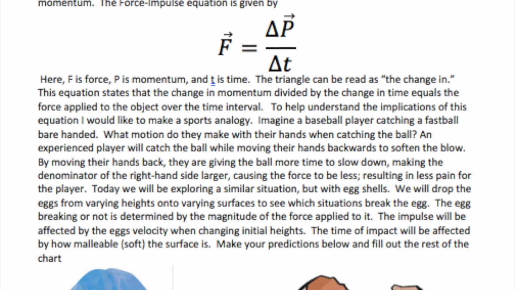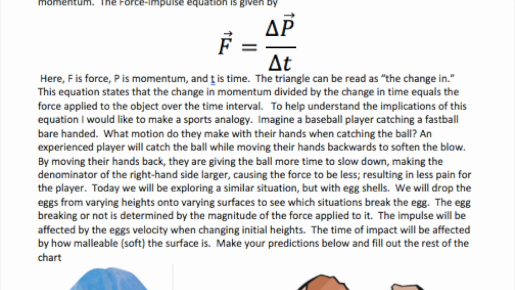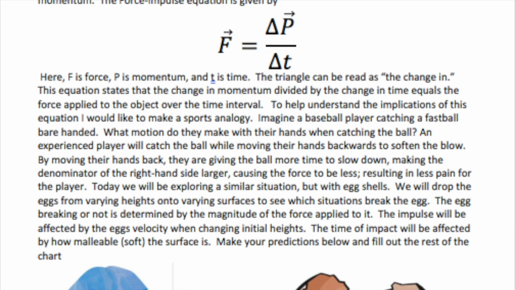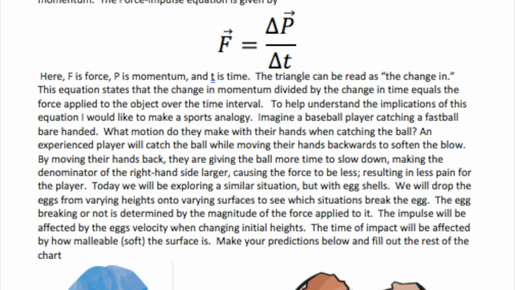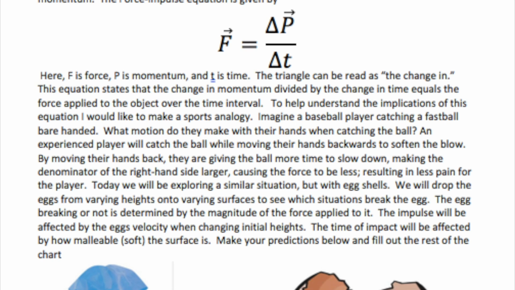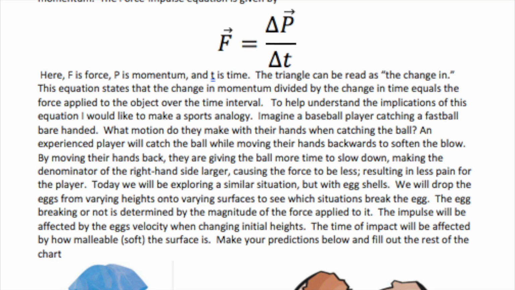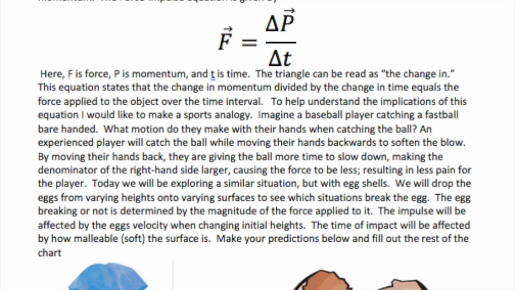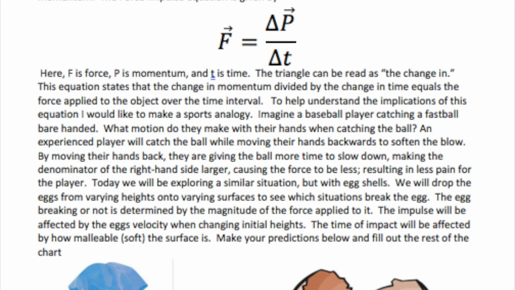And then the force impulse equation describes collisions. So the change in momentum after the collision, after the egg hits the floor, the velocity is going to be 0. So it goes from moving really fast to not moving at all, which is a big change in impulse if it's dropped from a large height.